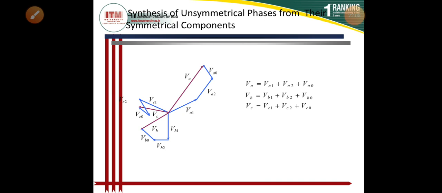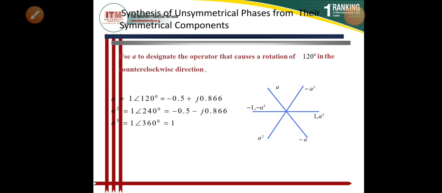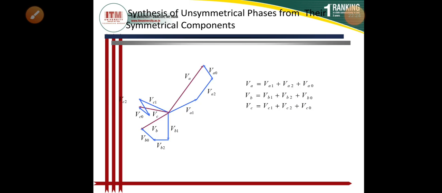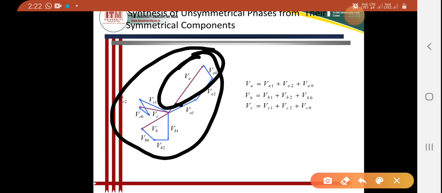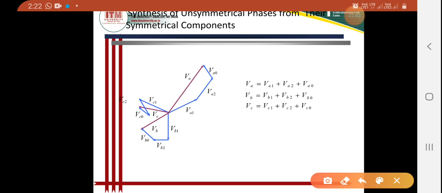Now if we are talking about the original unbalanced phasors, which are the sum of the components, see here, this is our original unbalanced phasor, VA, this is our VB, and this is our VC.